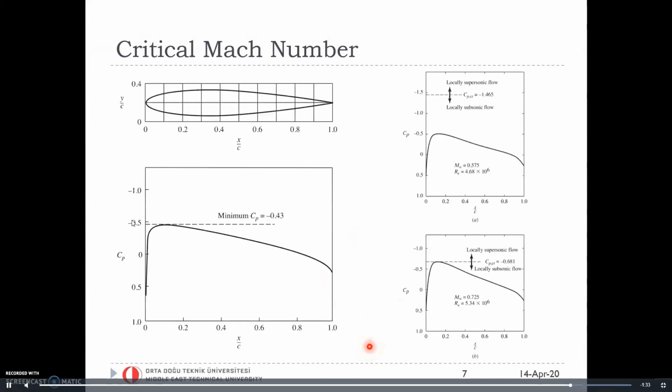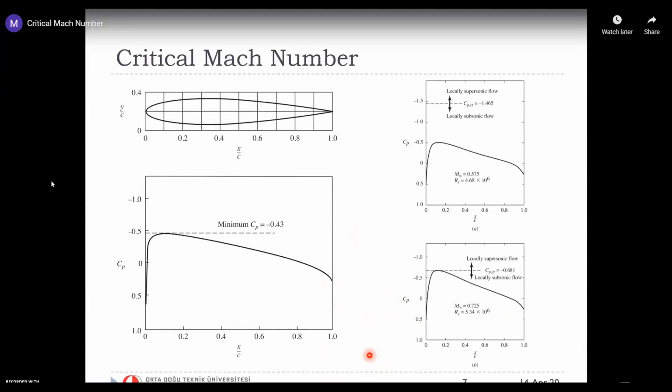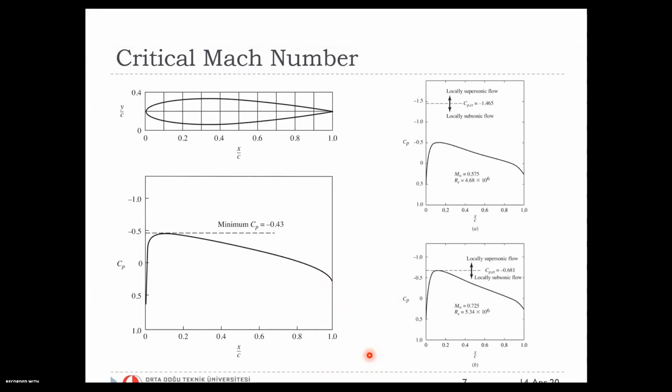Okay, so I would like to give you some final notes about this critical Mach number. First of all, you may ask this question: does the minimum pressure location correspond to the maximum thickness location? The answer is no, which you can actually see for yourself. For NACA 0012 airfoil, the maximum thickness location is about 30% of the chord length.